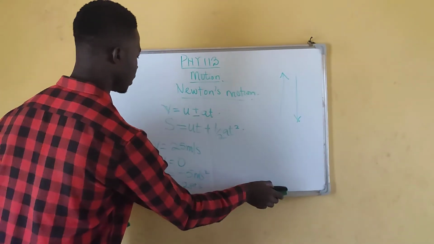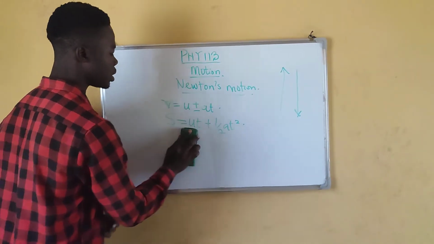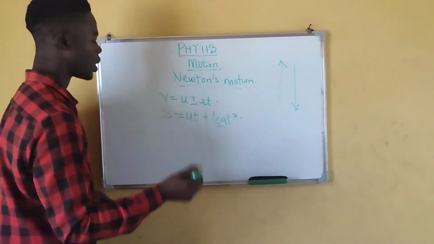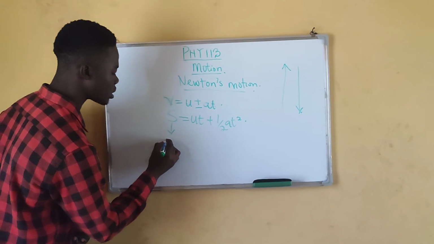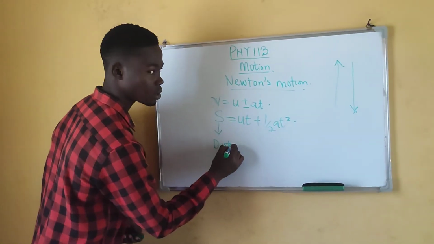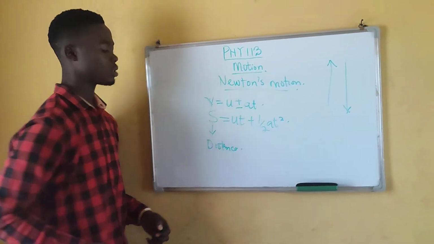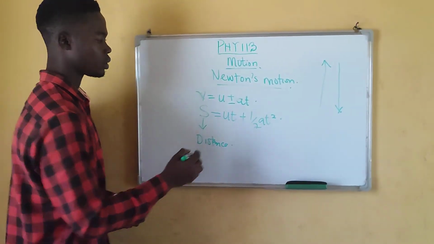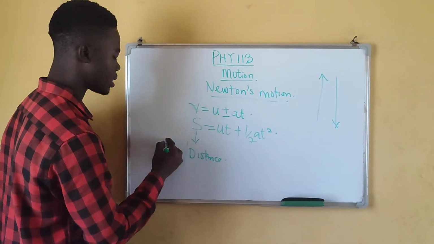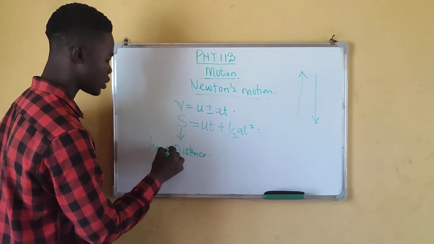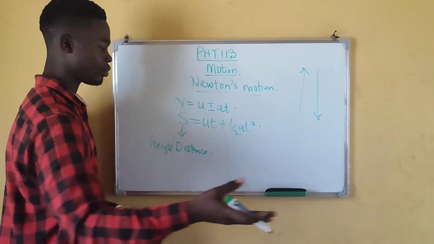Now, the same thing is applicable to this second one. This s is the distance, or you can call it height. It's just the measure of the length, the distance.